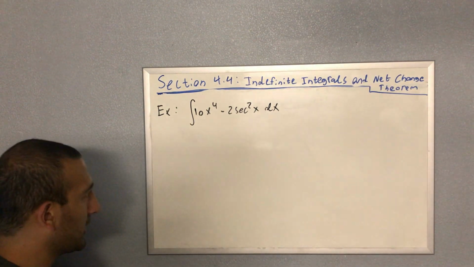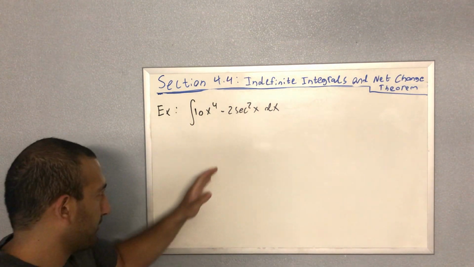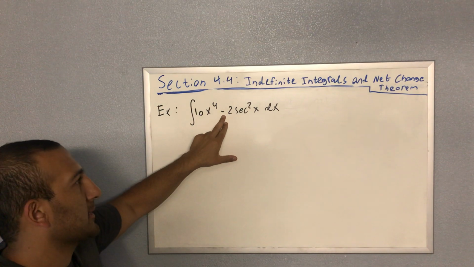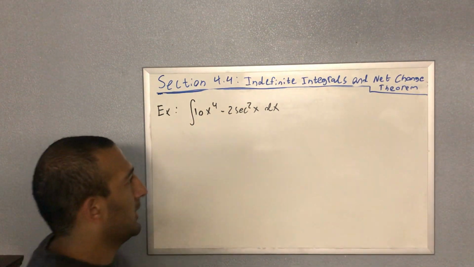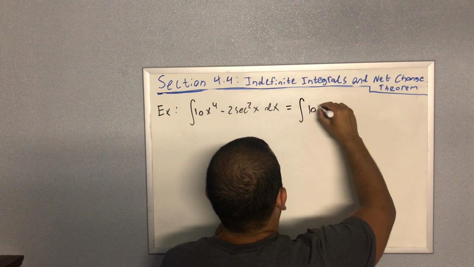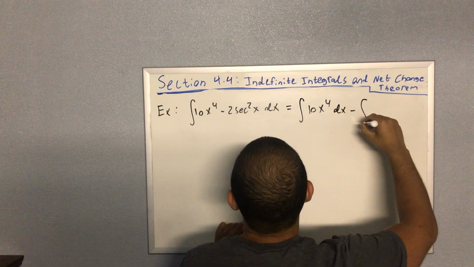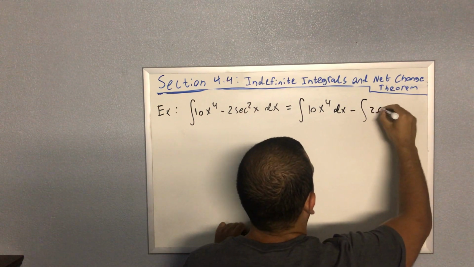So step one is, remember the rule that we had about the integral: if you see a plus or minus sign, then you can break up the integral. So this is going to be the same as the difference of these two integrals separately.